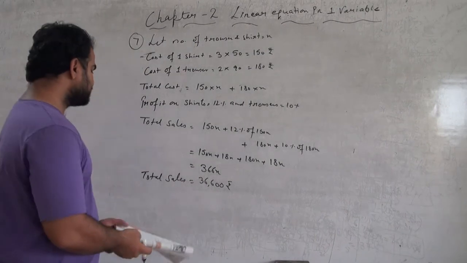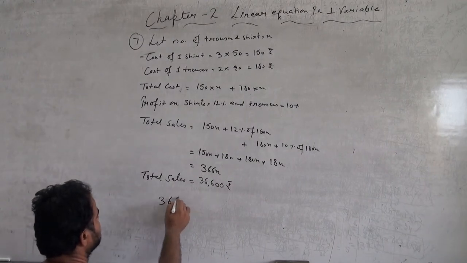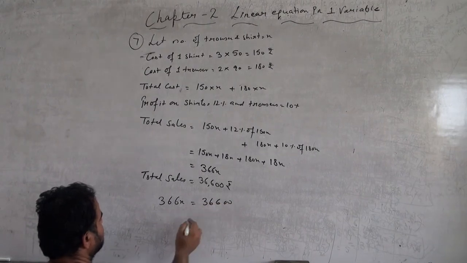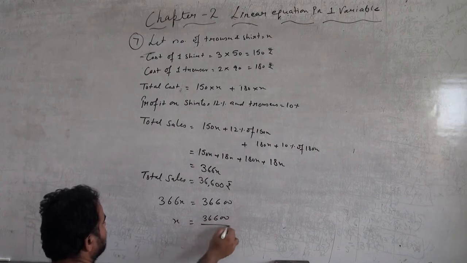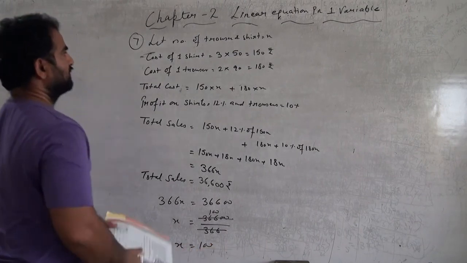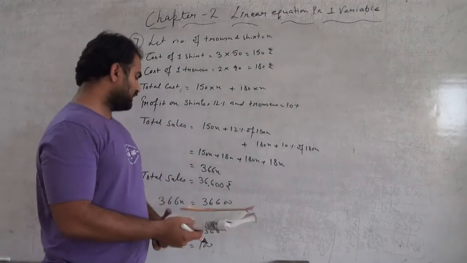So what we got is 366x equals to 36,600. So x will be 36,600 upon 366. It will be 100. So x equals to 100. So number of trousers and number of shirts we buy equals to 100.